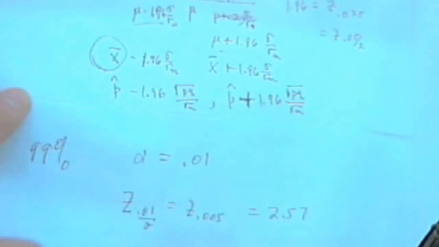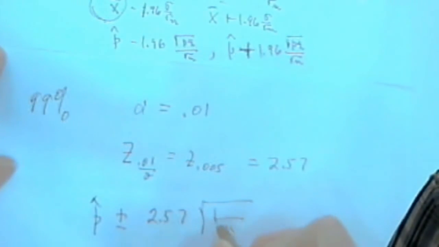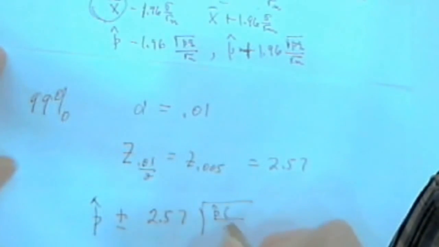So then my confidence number would be that. Of course I don't know p, I have to estimate it. I just put in the estimate. Okay, so there's my confidence interval.